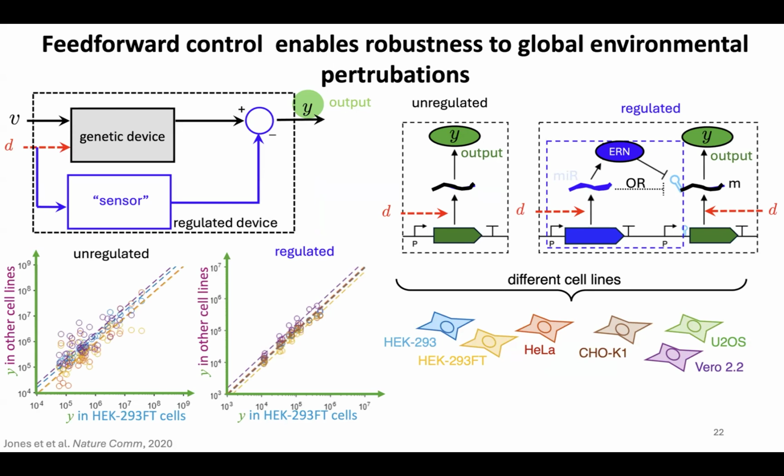In the regulated system, they are essentially almost all lying on the diagonal, meaning that different cell types are keeping very similar expression levels. So the bottom line conclusion here is that feed-forward control to some extent also insulates gene expression from this variable, right, intracellular environment on which you don't have any control.